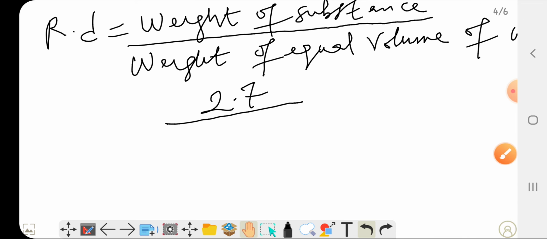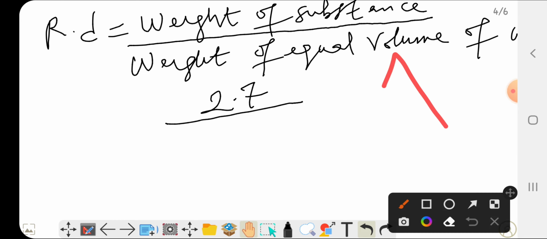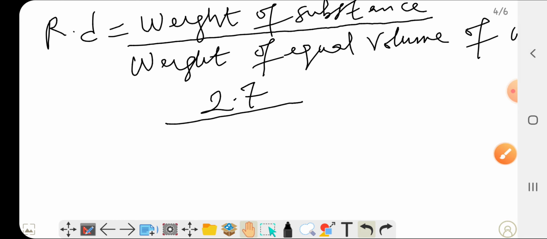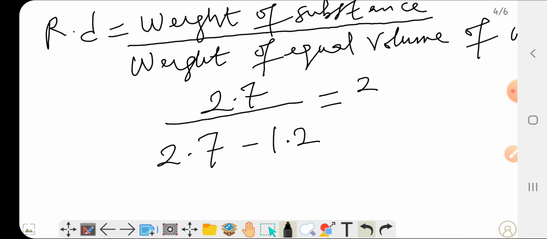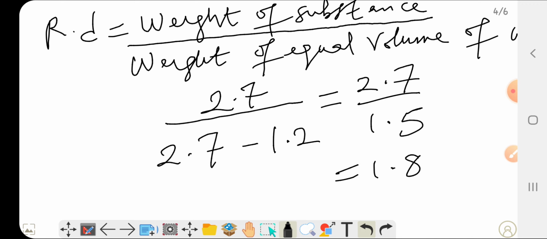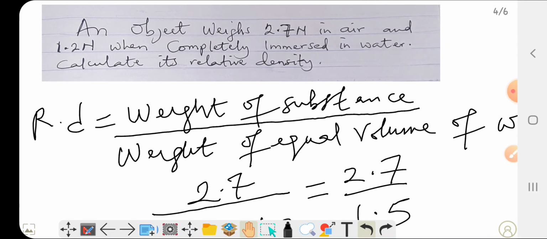So weight of equal volume of water will now be gotten by subtracting: 2.7 minus 1.2 gives me 1.5. And if you divide 2.7 by 1.5, you get 1.8. So 1.8 is the relative density of that particular object.